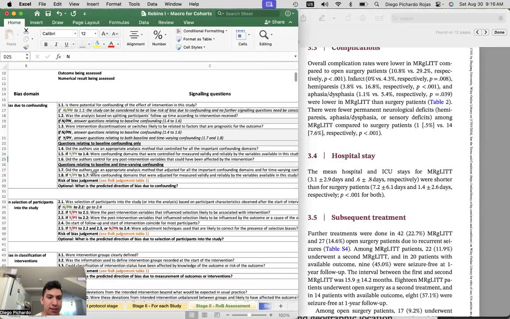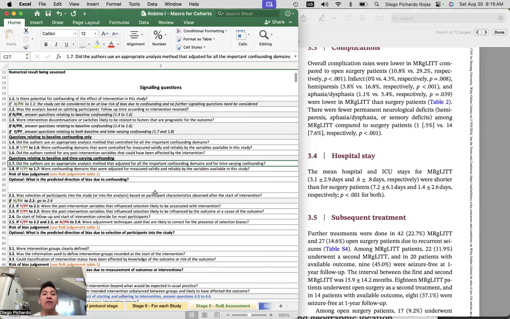Next: did the authors use an appropriate analysis method that adjusted for all important confounding domains and for time-varying confounding? Time-varying confounding depends on, for example, if one group was evaluated at 30 days and the other group was evaluated at 90 days, could that influence the outcomes?